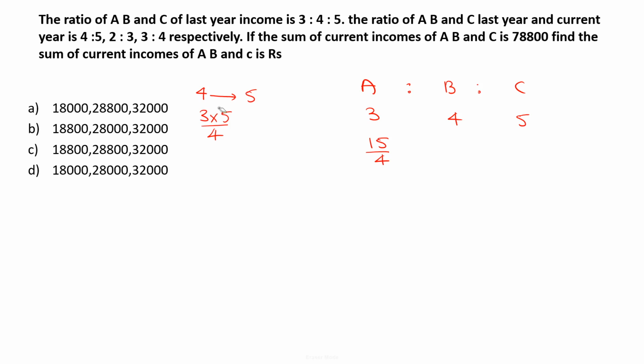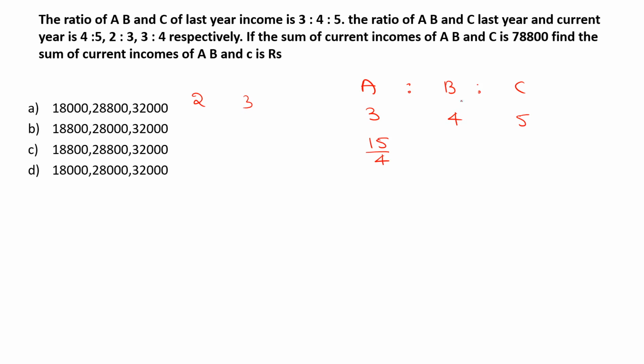In the same way, let us draw the amounts of B and C from the given ratios. The income of B is changed in the ratio of 2:3. That means if the last year income of B is 2 rupees, it is 3 rupees at present.